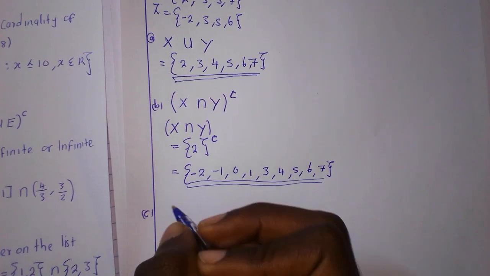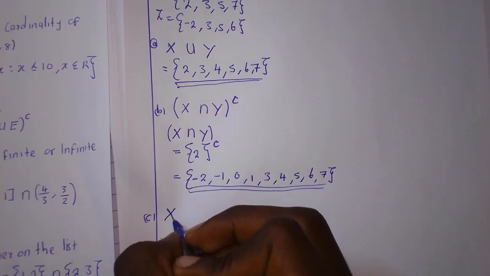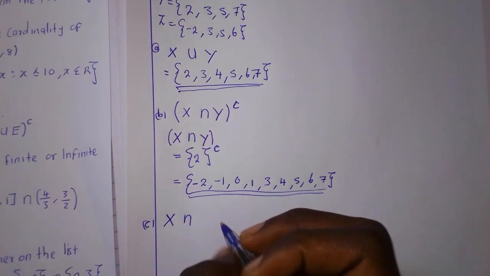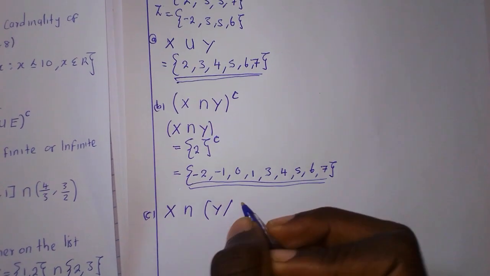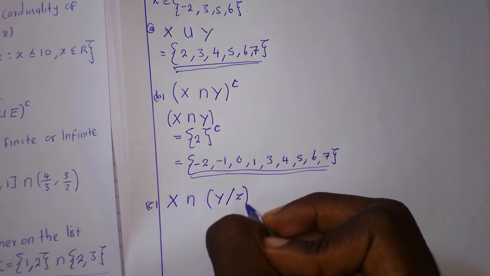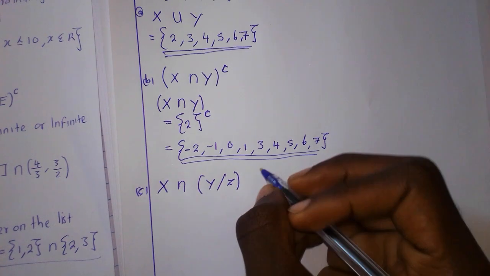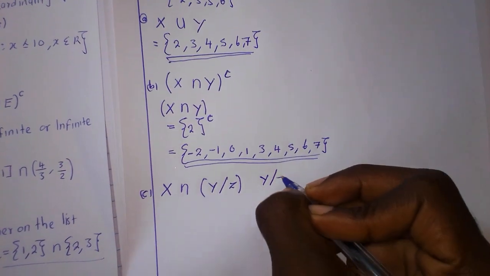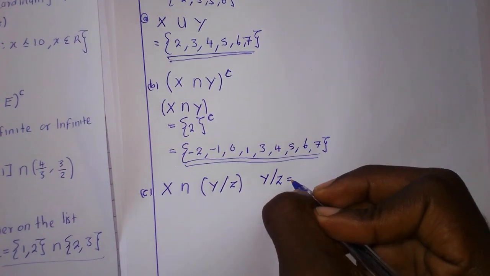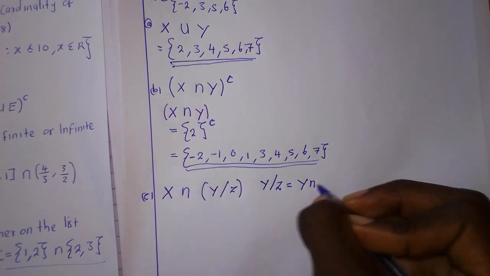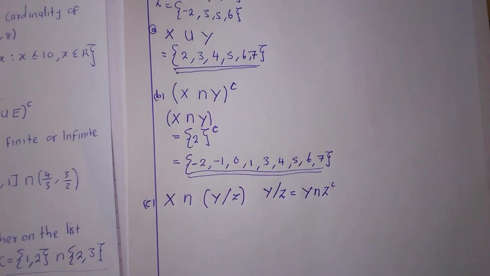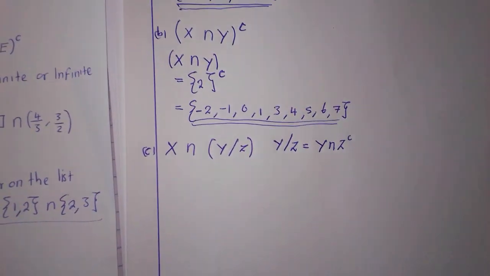We get to C. Now C is saying that we find X intersection open bracket Y slash Z. Now Y slash Z can also be interpreted as Y intersection Z complement. Okay, so I'm going to explain what this means.